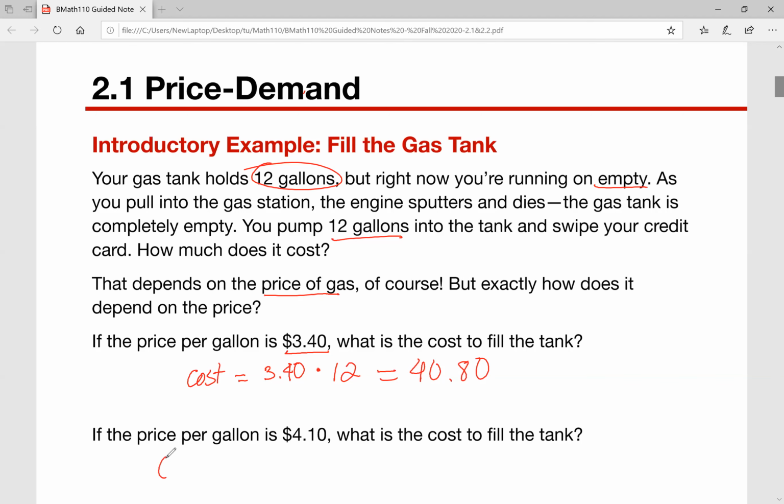Then cost now, I'm gonna change to be 4.1 times 12, and that will give you 49.20. Okay. So as we move to the next page.